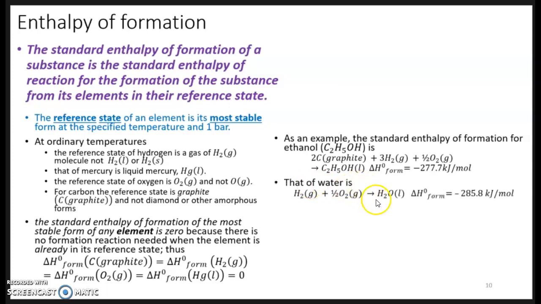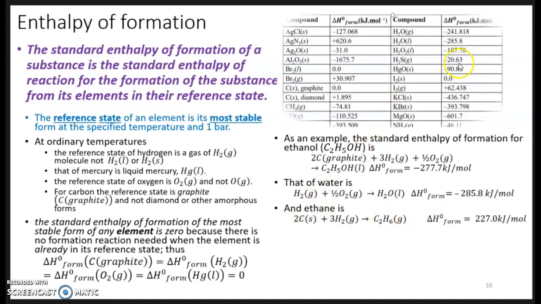If we consider that of water, water is made up of 2 hydrogen atoms and 1 oxygen atom. So the enthalpy of formation of water at this temperature is 285 kilojoules per mole. And for ethane, so all these are in your notes, we also have this. Note that carbon solid here means S, graphite is also solid.